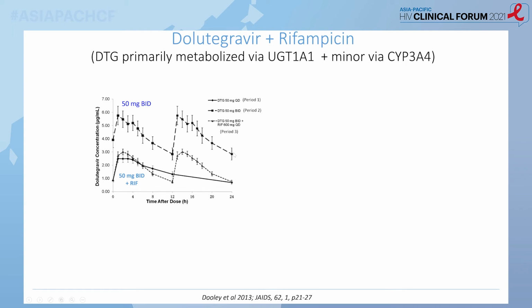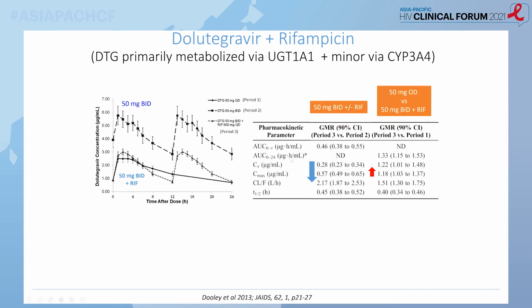And if you add on rifampicin at the standard dose, you see this 50 milligram twice a day is shunted down to these exposures here, which you can see overlaps the standard 50 milligrams once a day regimen in the absence of rifampicin. So with dolutegravir and rifampicin, there is a pretty significant drug-drug interaction.